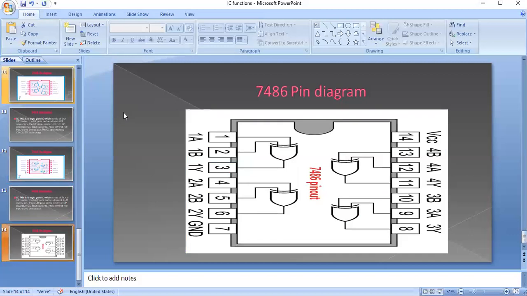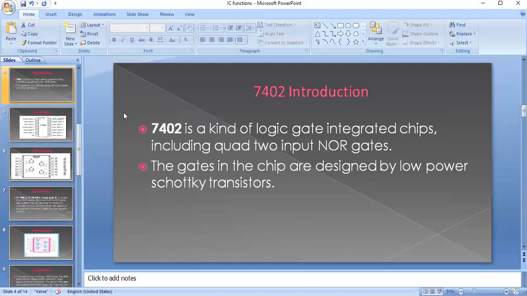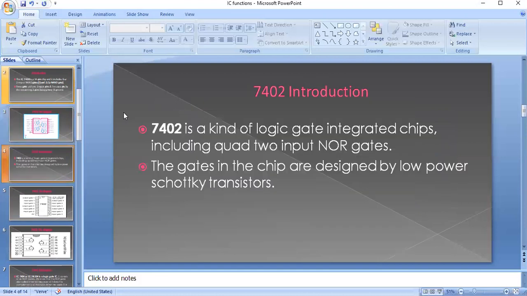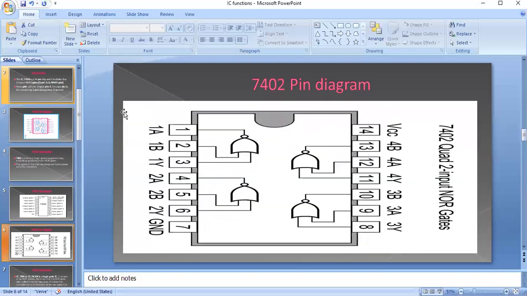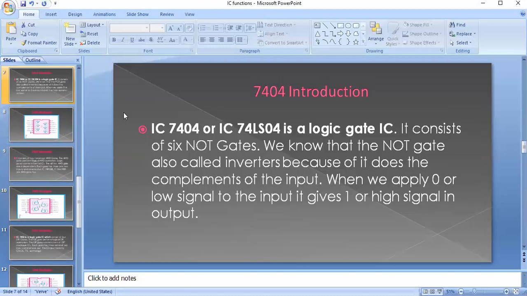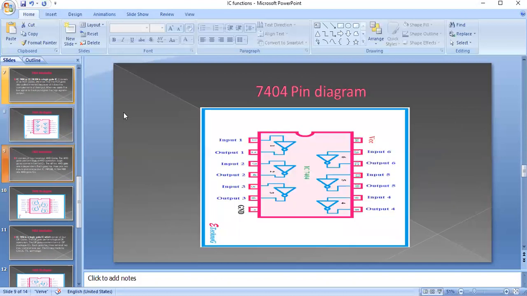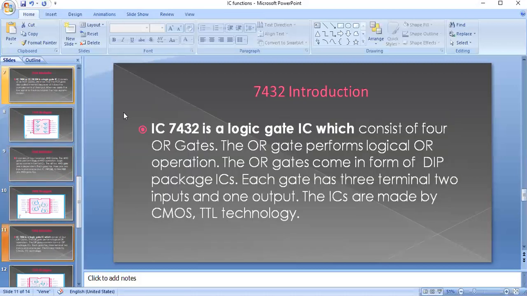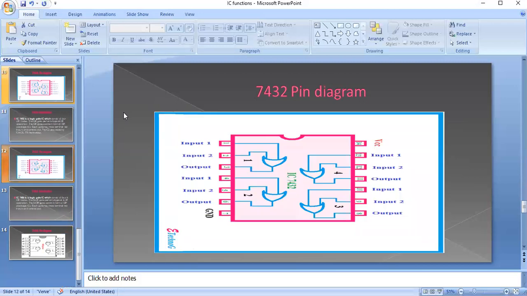So this is all about the ICs and their corresponding pin diagrams. 7400 is a quad 2 input NAND gate. 7402 is a quad 2 input NOR gate. 7404 is a NOT gate, with 6 inverters in this pin diagram. 7408 is a quad 2 input AND gate. 7432 is a quad 2 input OR gate.